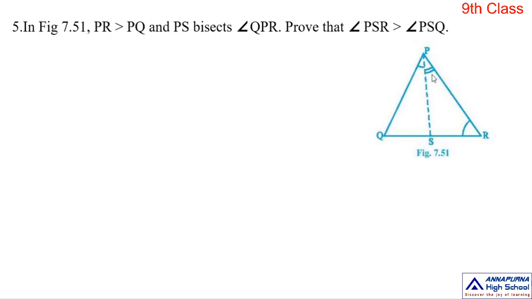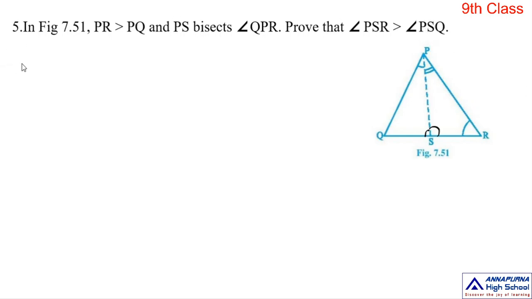We have to prove one condition: angle PSR is greater than angle PSQ. This is the largest angle, this is the smallest angle. We prove that angle PSR is greater than angle PSQ.